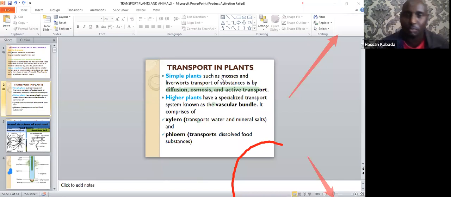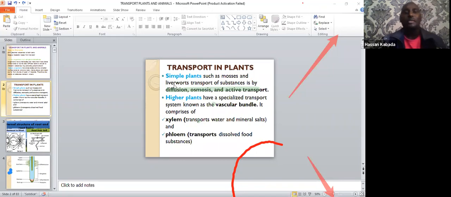Simple plants like mosses and liverworts are under division Bryophyta. The simplest plants. They are very small, and they are not as complex as the other divisions of the plant.